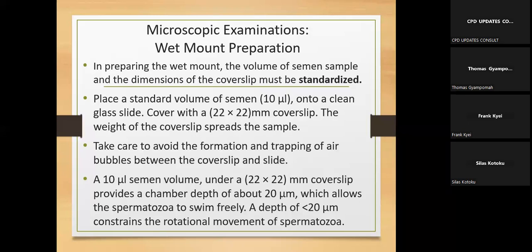So if you divide 10 by 484, up there you have millimeter cube, and down there you have millimeter square, because this 22 is 22 millimeters by 22 millimeters.